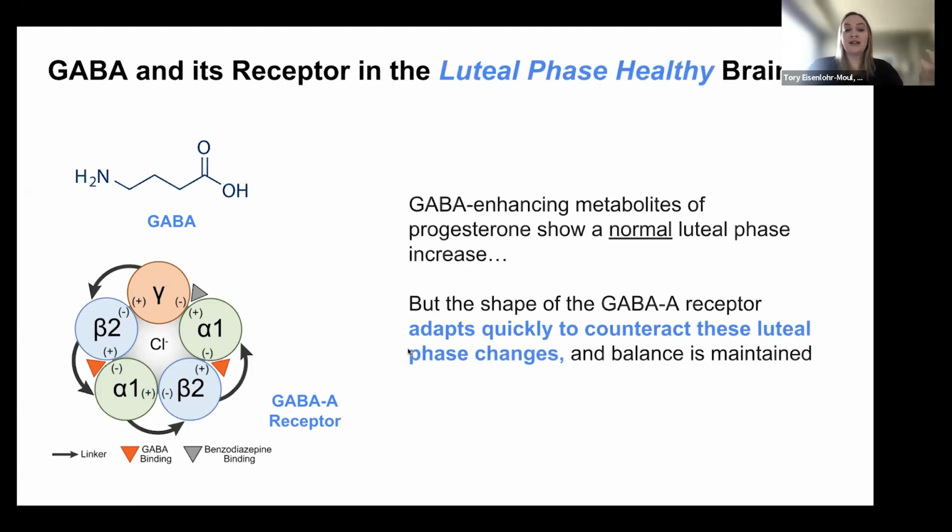So in a luteal phase healthy brain, we see that these GABA metabolites or byproducts of progesterone show a normal luteal phase increase.